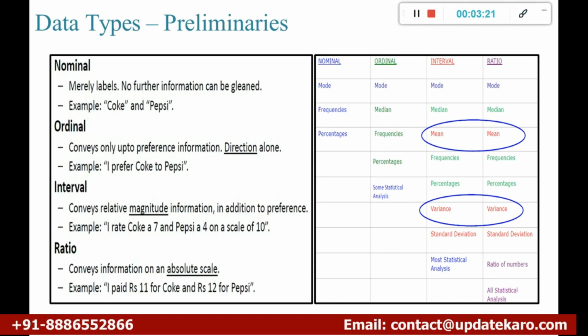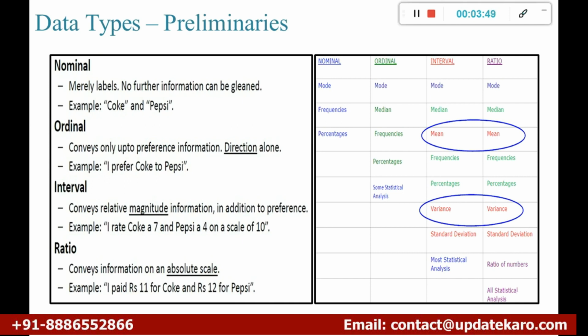I like Coca-Cola over Pepsi. I like maybe ABC over XYZ. So there is an order to it. I am giving my preferences, I am giving my direction, but I am not quantifying the direction.